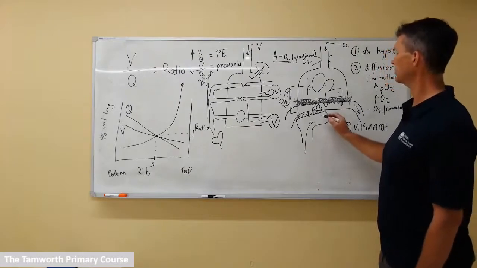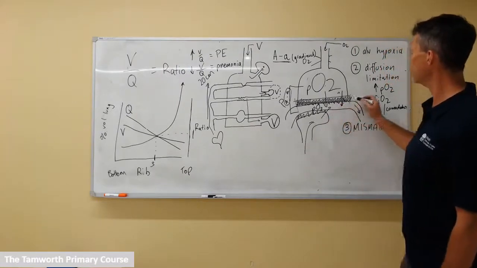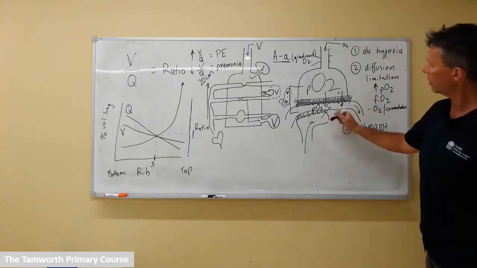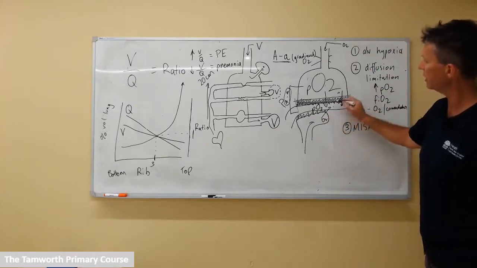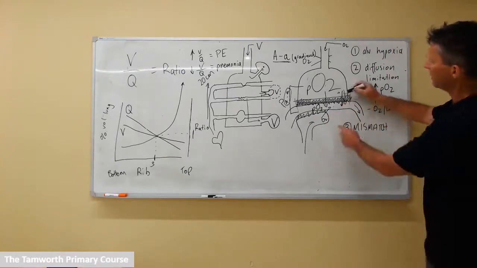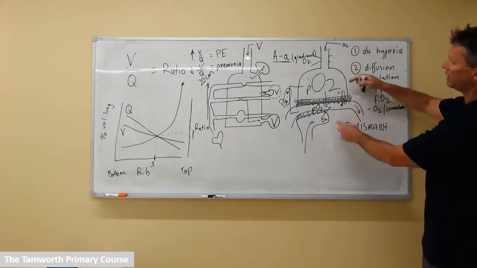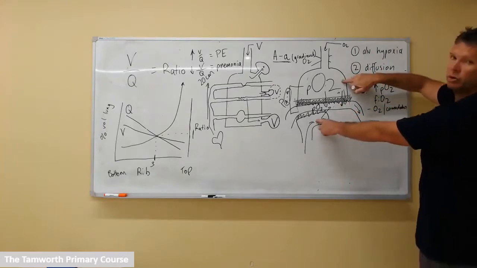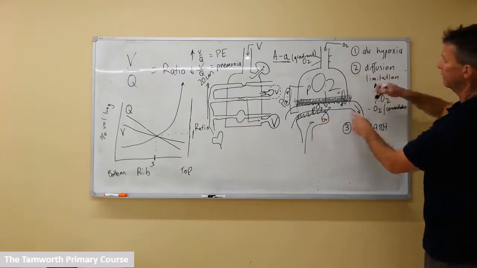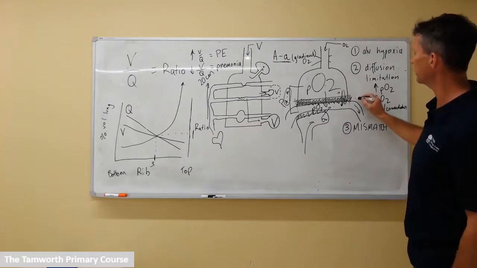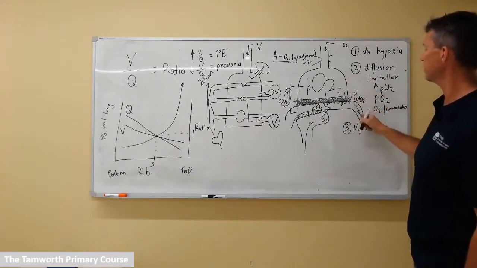And what is measured as oxygen moving into the system from here, but none moving in from here, and therefore blood being diluted by passing through respiratory units that either ventilate and don't perfuse, or perfuse and don't ventilate. So we're talking about the mixed venous blood here. The partial pressure in mixed venous blood.